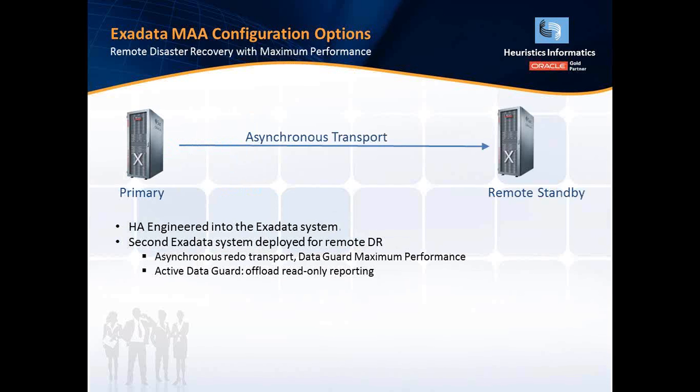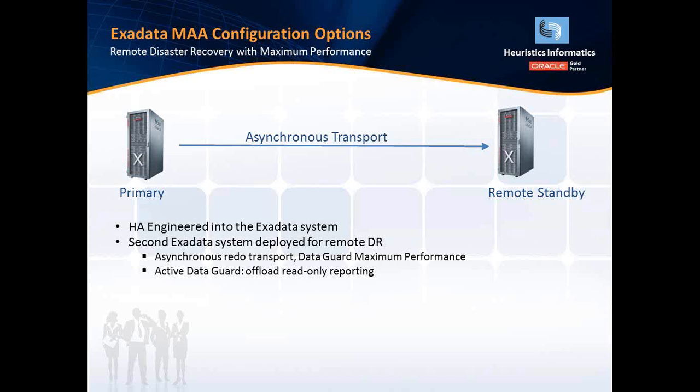Second would be a true remote or a disaster recovery environment where you've got, again, Exadata engineered systems running on both environments, but the standby environment is in a completely separate geographical region to help protect against natural disasters in addition to anything else.